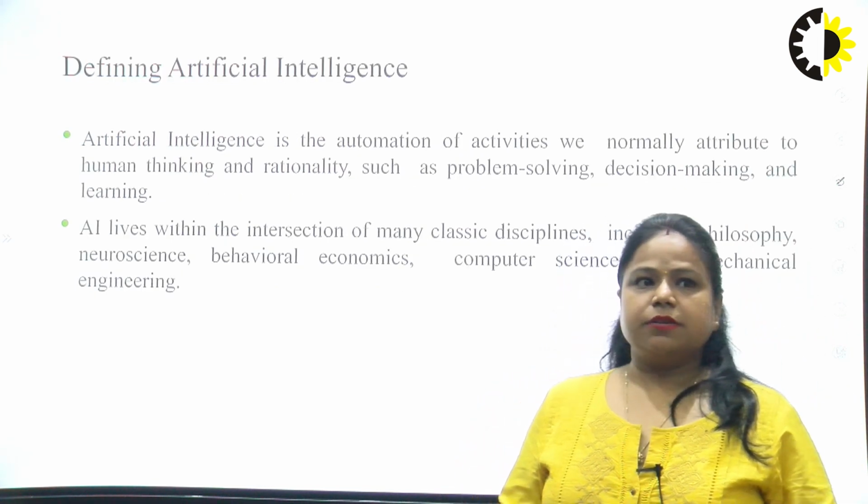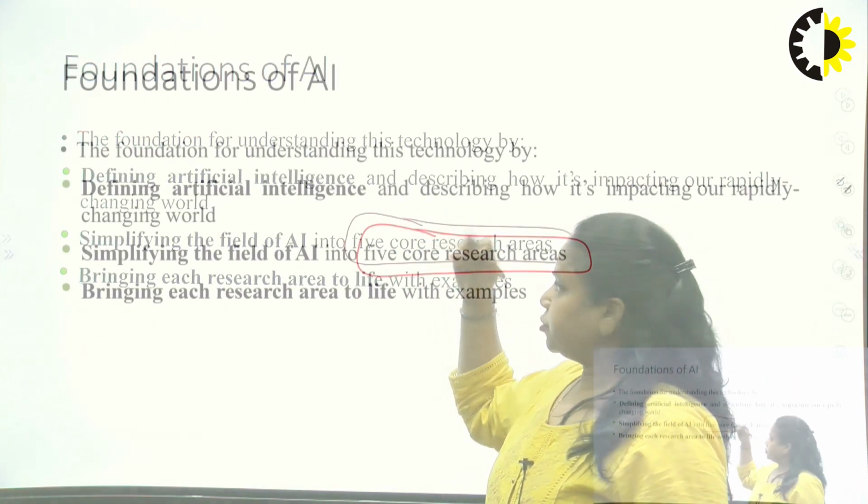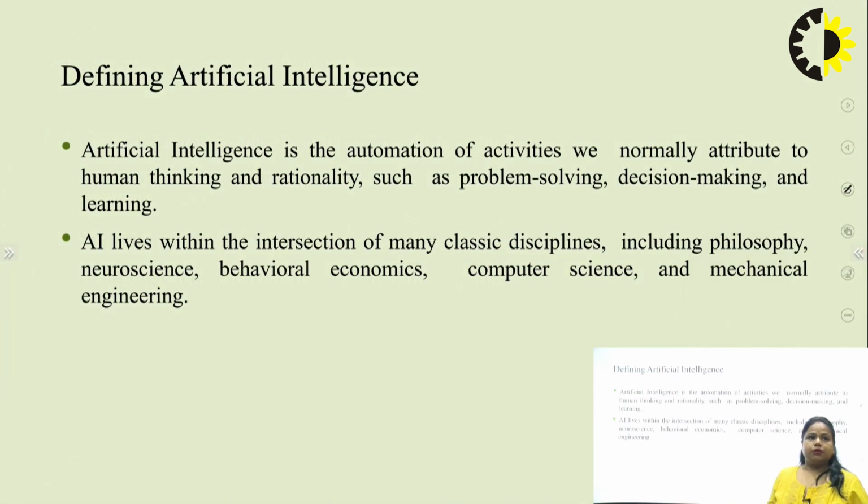First of all, before we start these 5 core areas, we should know what AI is. We have already discussed that artificial intelligence is basically a machine or a model or a system which can act like a human and mimic their actions, right?